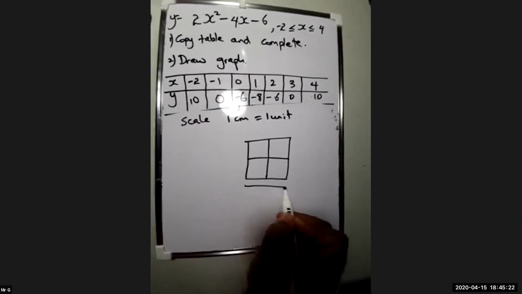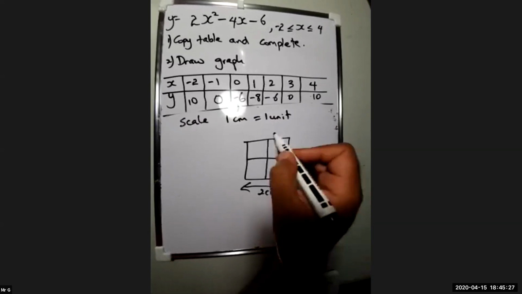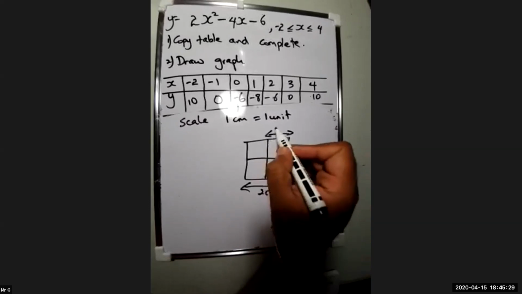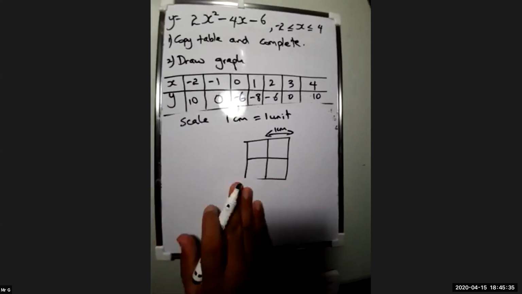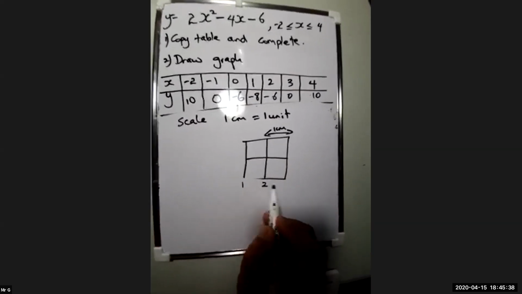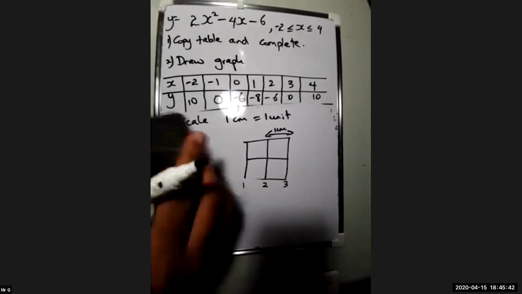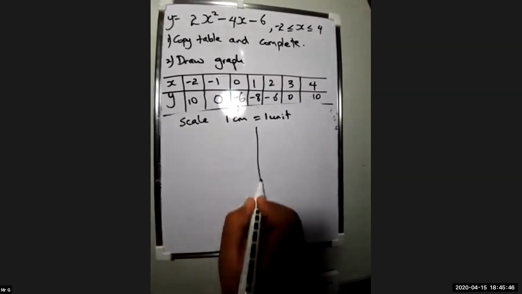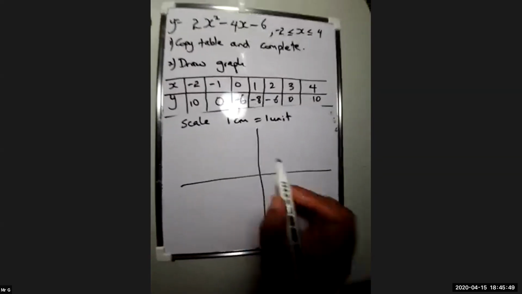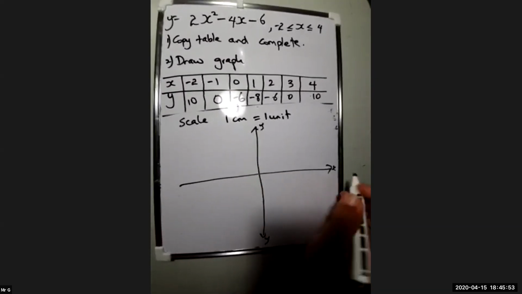This whole thing here is 2 centimeters, and one small block here is 1 centimeter. That's what I'm talking about. So here will be 1, 2, 3, etc. That's what this scale is telling you. So on our graph, this is the y-axis, and this is the x-axis.